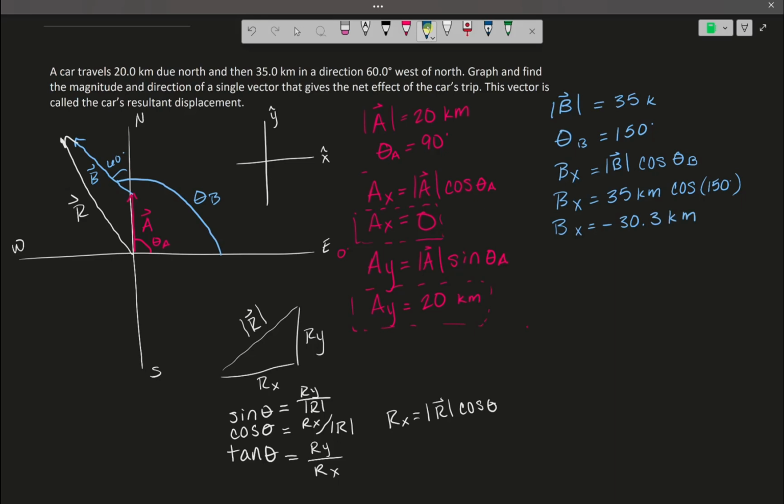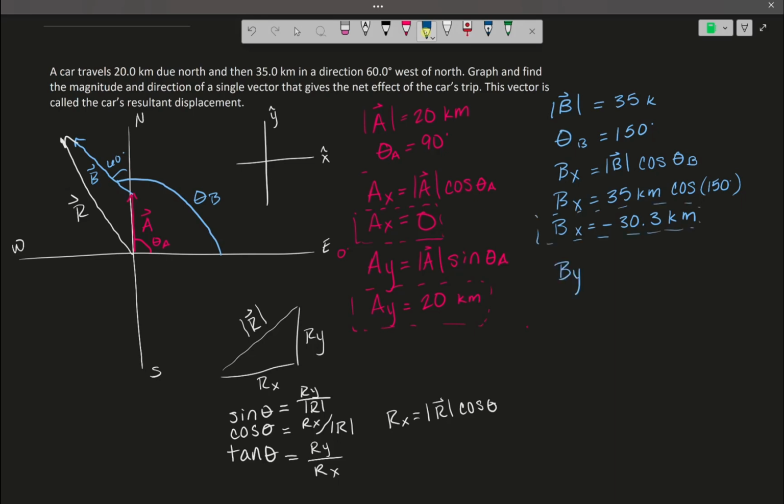Right away, I know that this is probably correct because I have a negative value for my x. And if I look over here at this vector, my vector is on the negative x side of my coordinate system. I'm going to go ahead and put that into a box.